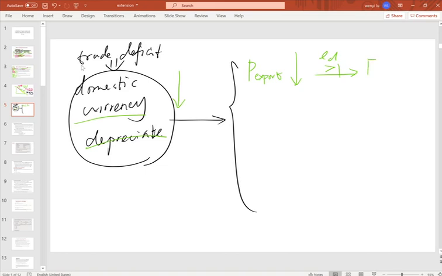So our exports will go up, so our total revenue of exports will go up. So this is based on the elasticity of demand being more than one.